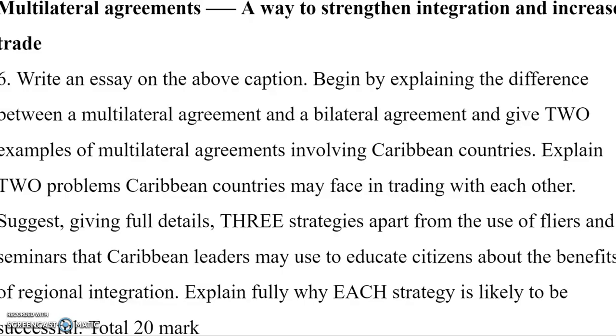Explain 2 problems Caribbean countries may face in trading with each other. Suggest, giving full details, 3 strategies apart from the use of flyers and seminars that Caribbean leaders may use to educate citizens about the benefits of regional integration. Explain fully why each strategy is likely to be successful. And this is 20 marks.